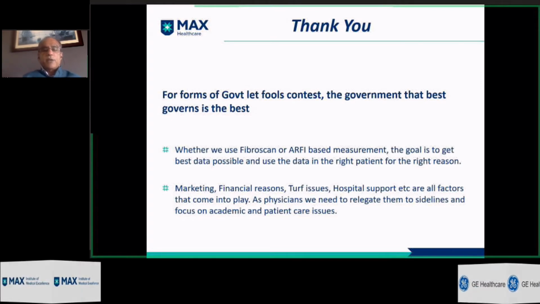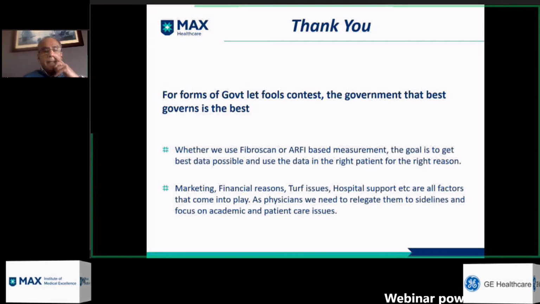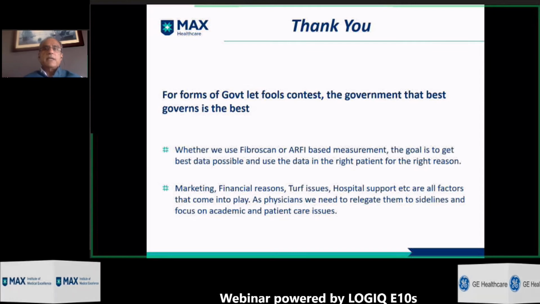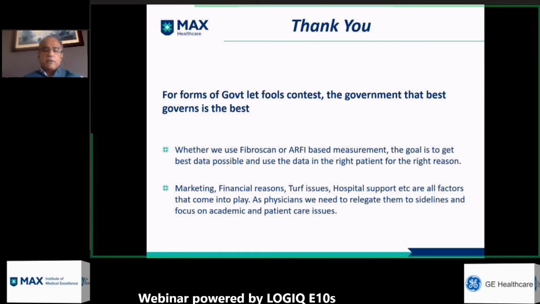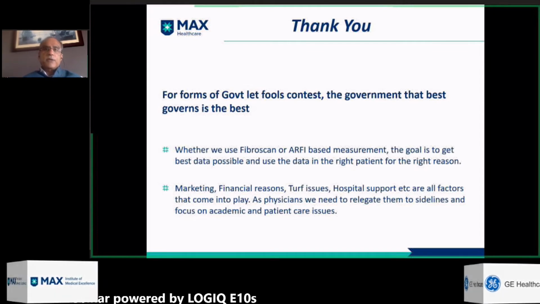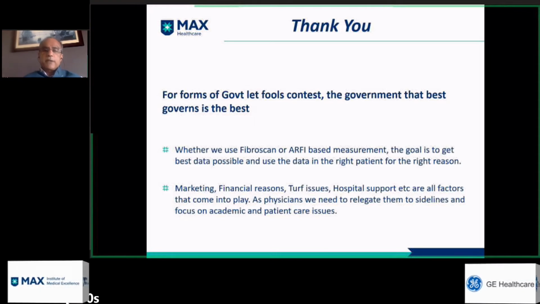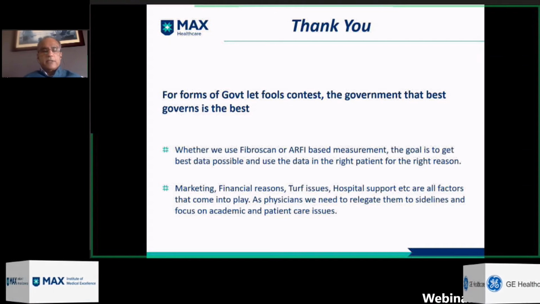If you have a good ultrasonographer available who can help you with all this information, then use the services of the ultrasonographer and have constant communication with the radiologist so that you can come up with good information and use it effectively for your patients. Next slide.